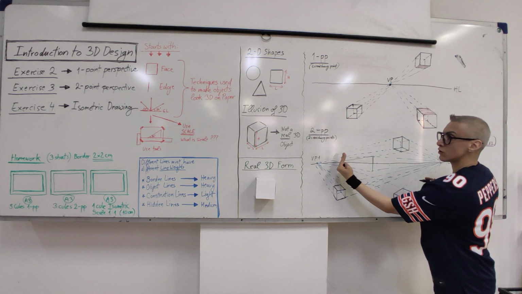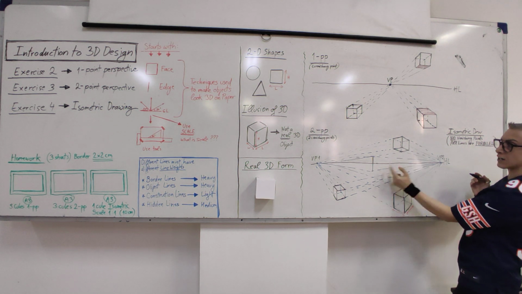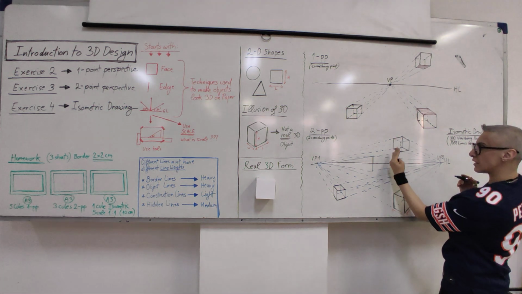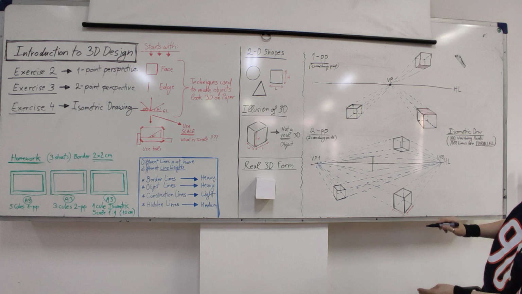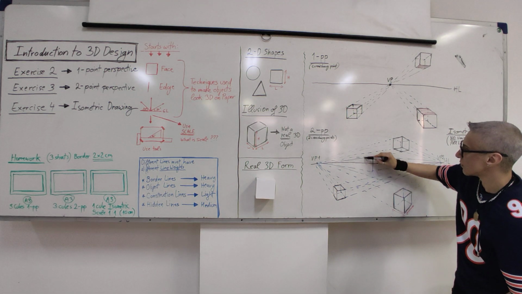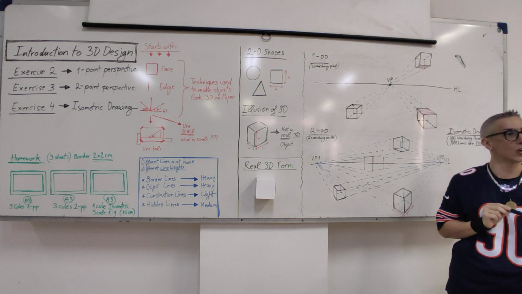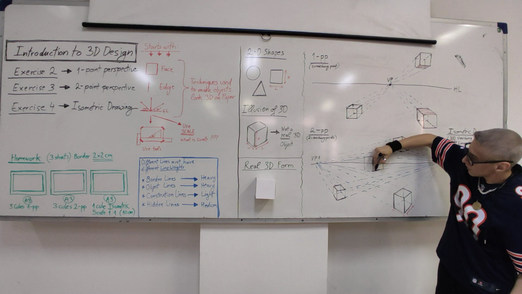Is it closer to this point, or is it closer to that point? If it's closer here, this will be shorter than this, and the opposite. If it's exactly in the middle, they will be equal, okay? So, where is it located? Oh, it's a little bit closer to this point. So this side must be a little shorter than this side, okay? And then, our cube is basically complete.